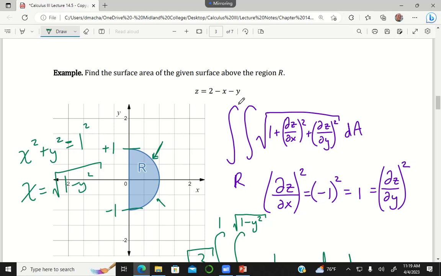The only issue is that this surface, that function of x and y, doesn't really have good radial symmetry. You could write it in polar coordinates, but you're going to end up with r cosine theta and r sine theta, and I don't think the integral would turn out very nicely. But you could try it.